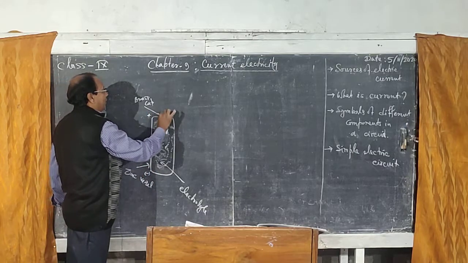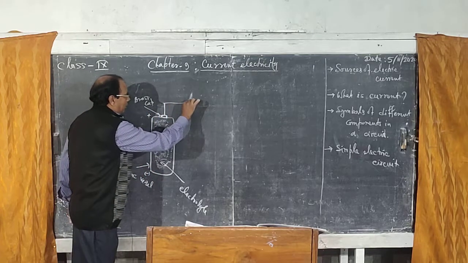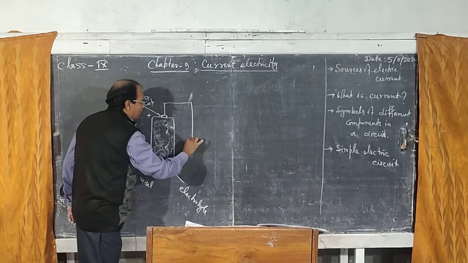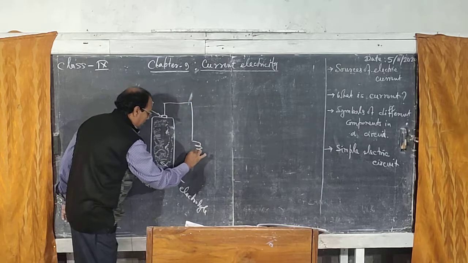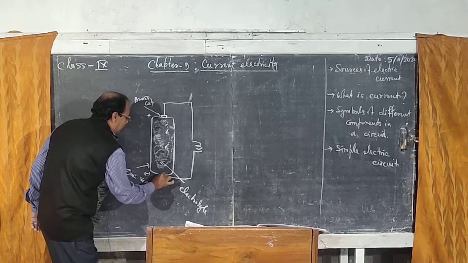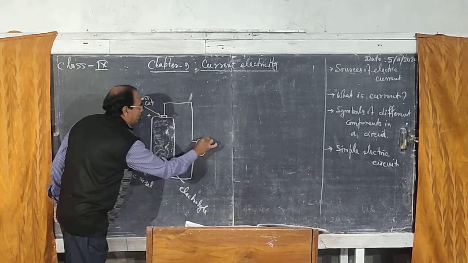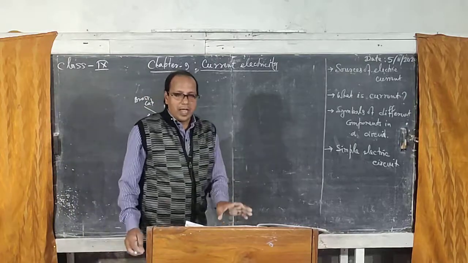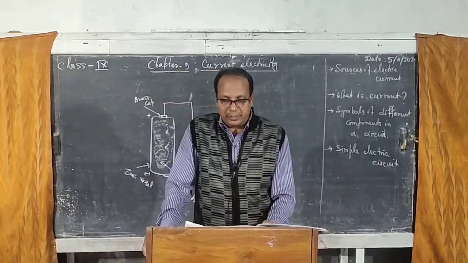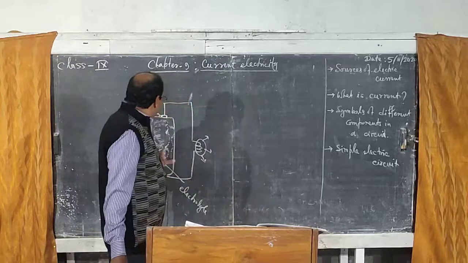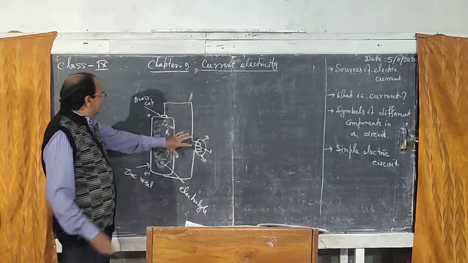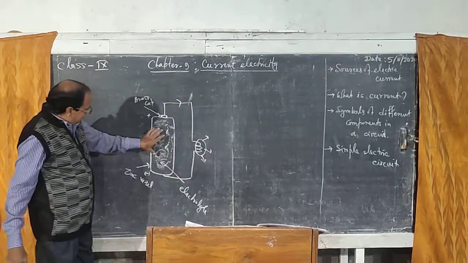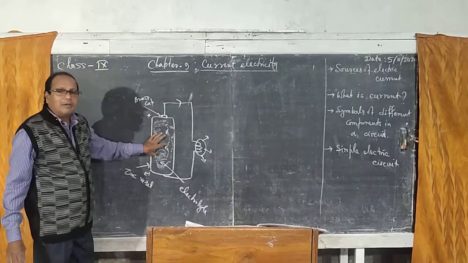When we connect with a wire having a bulb, we have seen the bulb starts glowing. So we can say an electric cell is a source of DC which converts chemical energy to electrical energy, means within the cell there are some chemicals.